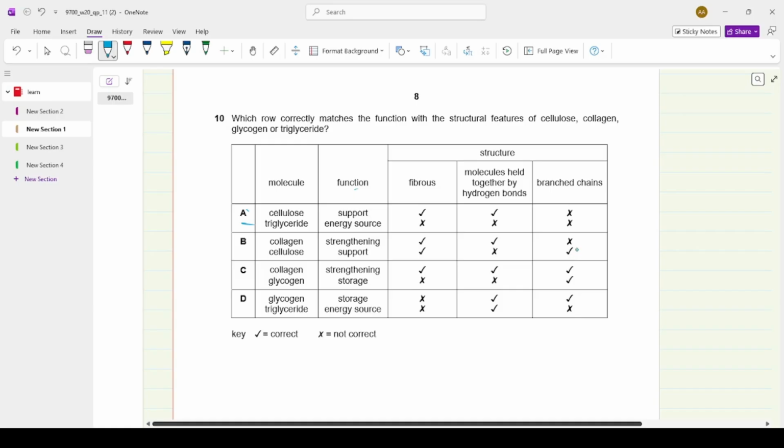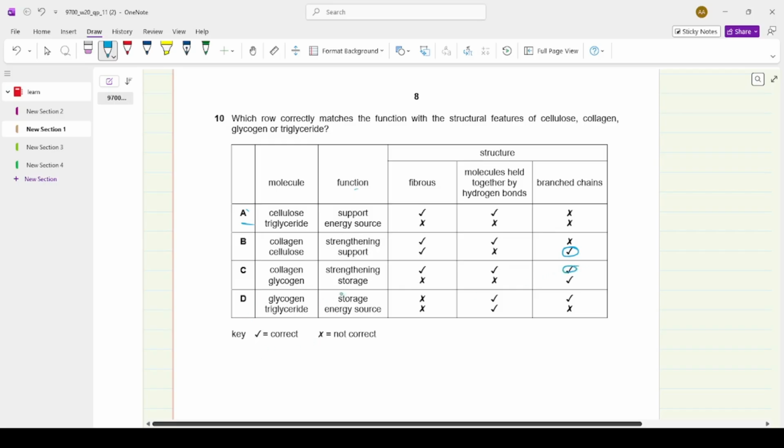So we know that cellulose is not branched, it is linear, made of those monomers of beta glucose. So B is out. And then when we go to C, collagen strengthening, it is true. Fibrous, true. Hydrogen bonds, true. And then branched, no, collagen is not branched.